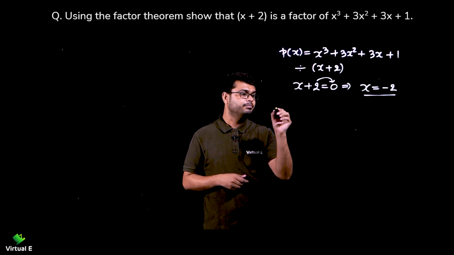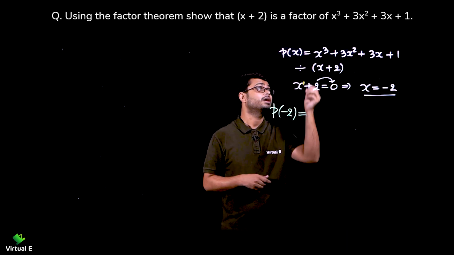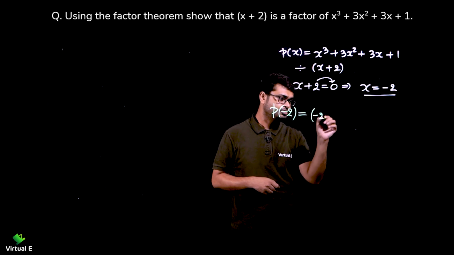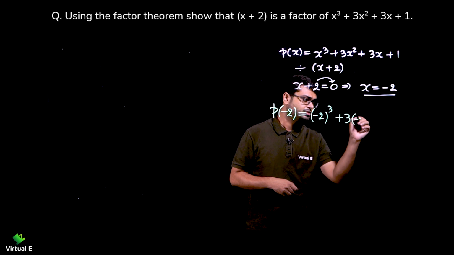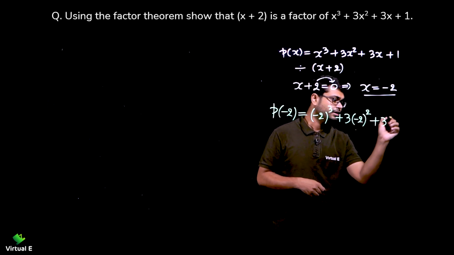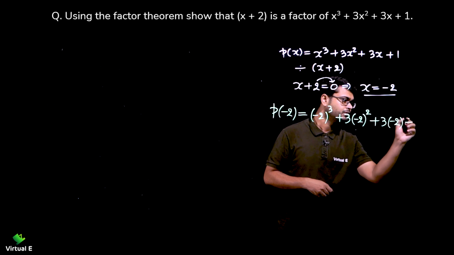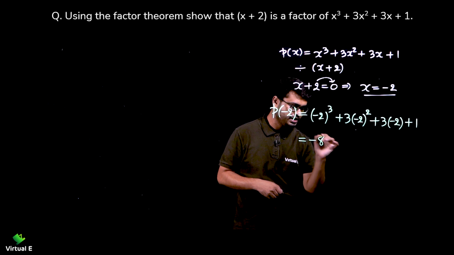So let's start. p(minus 2). So x cubed, so minus 2 cubed, then plus 3x squared, so 3 times minus 2 squared, plus 3 into minus 2, plus 1. So here we can write minus 8.